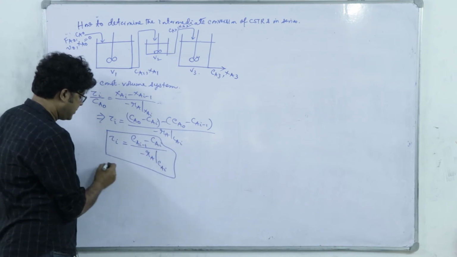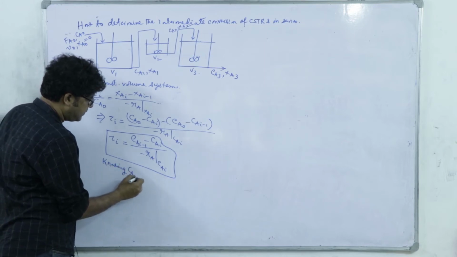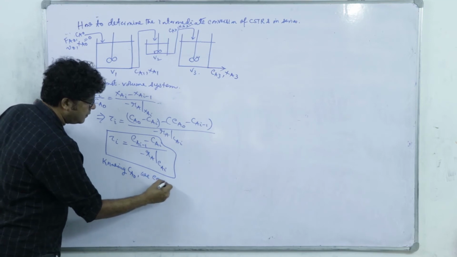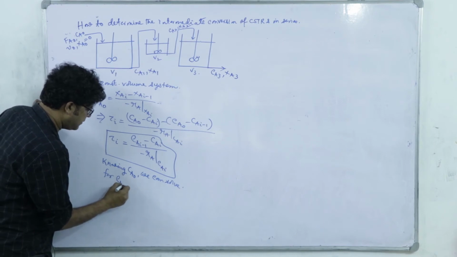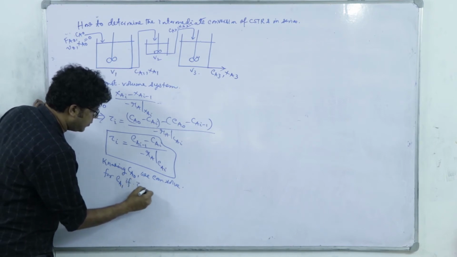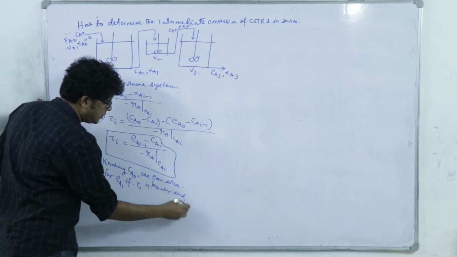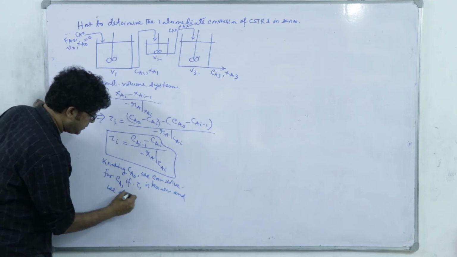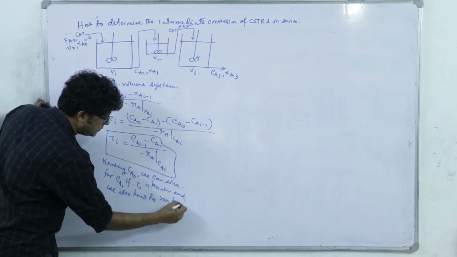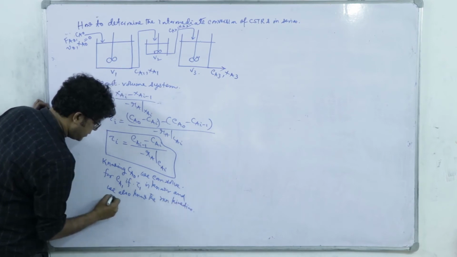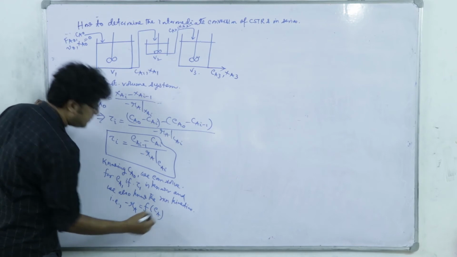So what you can do, knowing Ca naught, we can solve for Ca1 if tau 1 is known, and we also know the reaction kinetics, that is minus Ra as a function of Ca.